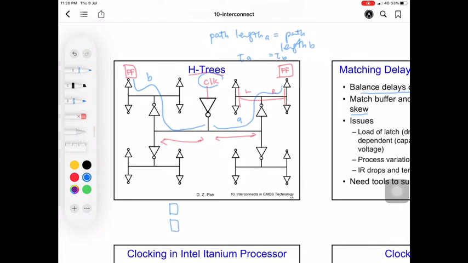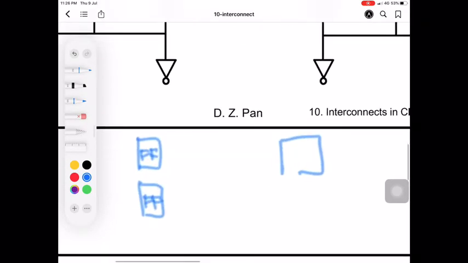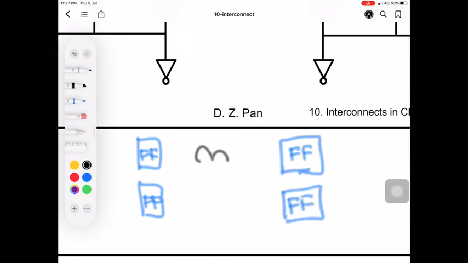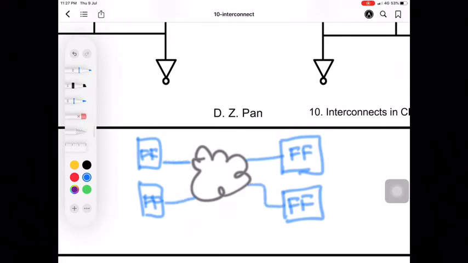So the point of having a clock is for timing, right? So when you have a flip-flop here, and you have another flip-flop here, and you have the combinational logic in between. The idea of having the flip-flop was so that you can have the same time period T here.